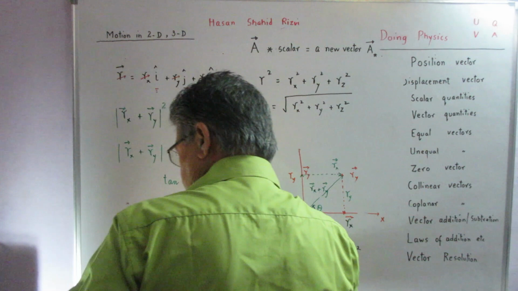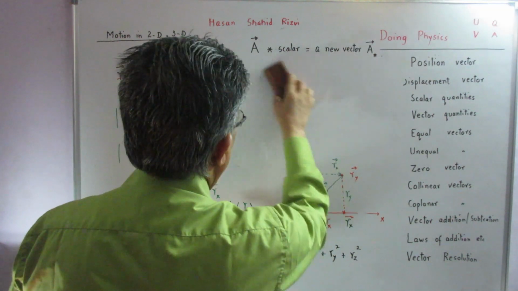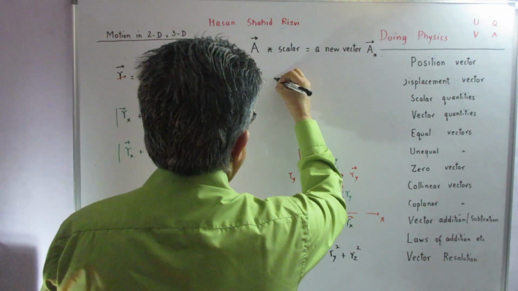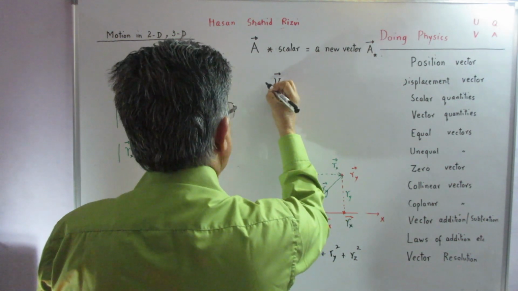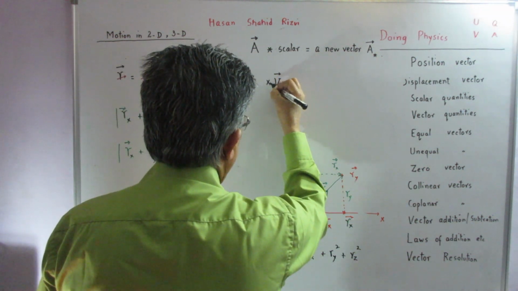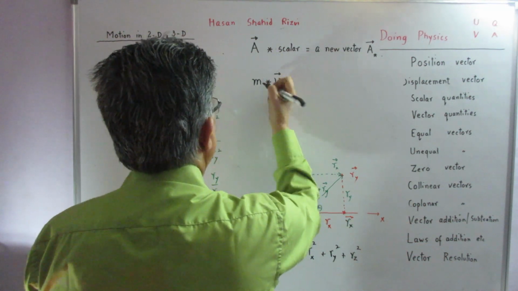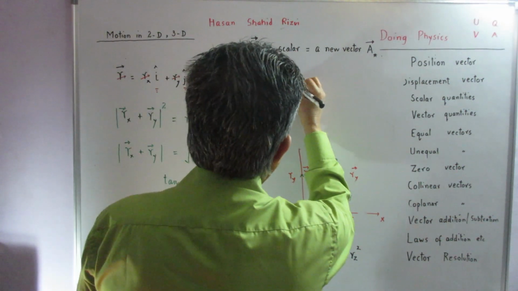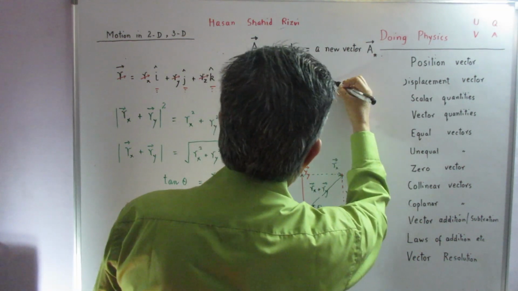I'll give you a couple of examples where you understand what it means. For example, I have a velocity vector, and we multiply it, using this star as the multiplication sign, by a scalar m, which is mass. So m into v gives us a vector p, which we call the momentum vector.